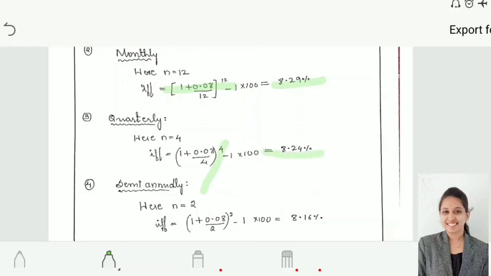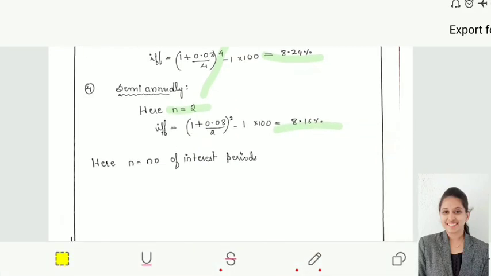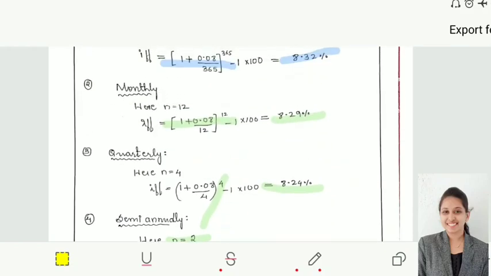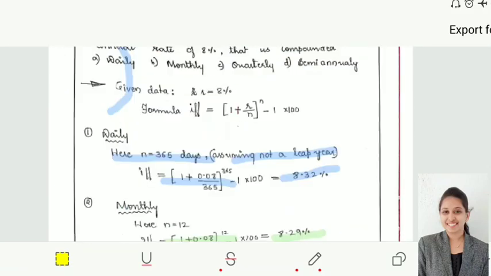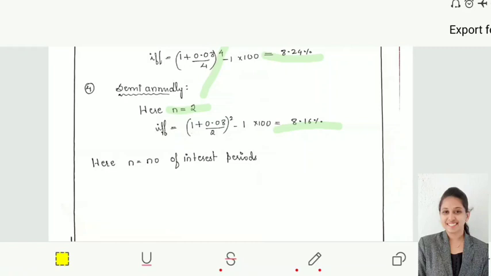So I will be getting 8.24%. Now semi-annually means what? The year is divided 2 times. So n will be equal to 2. And in this case you will be getting 8.16%.